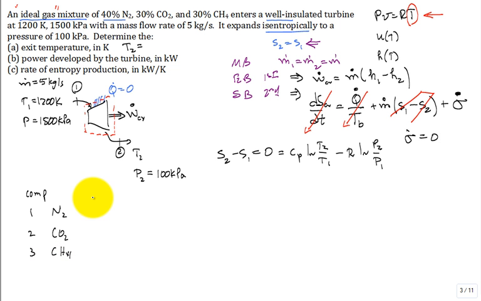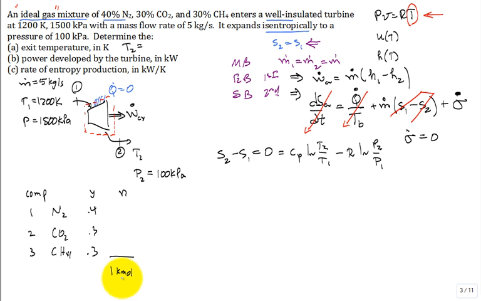What I want to do is list the mole fractions that are given in this table, 40%, 30%, 30%. And then I want to build this table out so I can eventually get the specific heats C sub P and the gas constants. Okay, so I pick where I have 1 kilomole of this mixture.